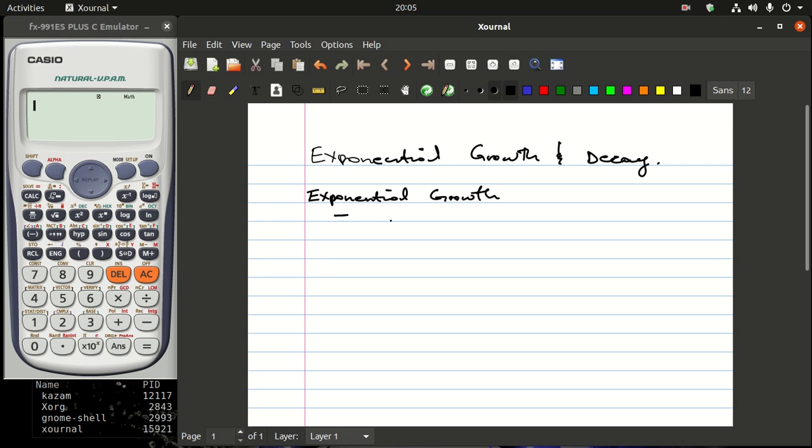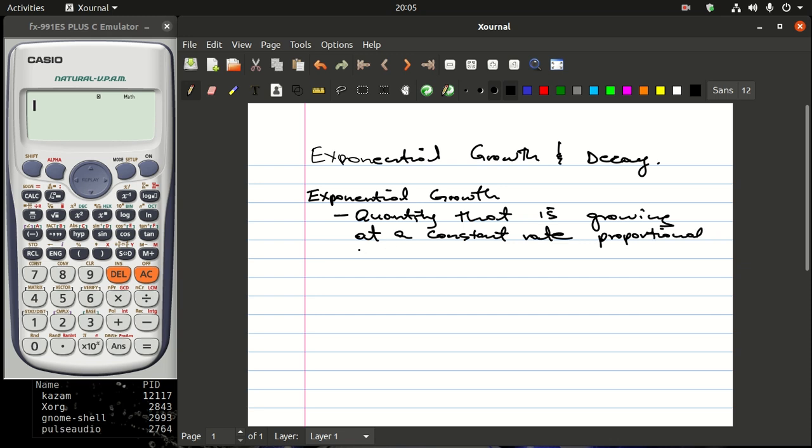The meaning of an exponential growth is that you have a quantity that is, first, it must be growing at a constant rate.